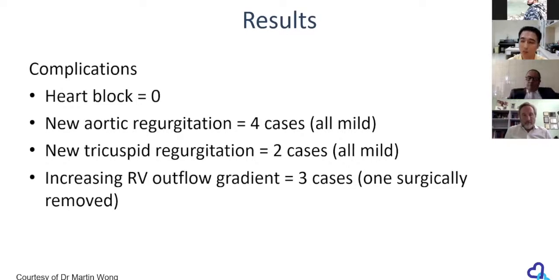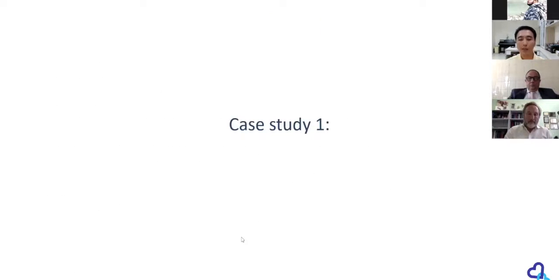We find that maybe the disc on the RV side is slightly bigger, but again, in patients with pre-existing mild RVOT obstruction, or aneurysmal tissue directed to the RVOT, this device is probably not suitable. I have 3 cases, but maybe I will share 2 in the interest of time.